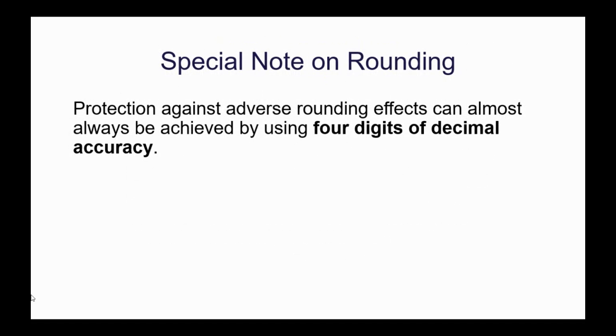And then a little note on rounding. If you want to make sure you're protected against bad rounding effects, use 4 digits of decimal accuracy. So go to 4 decimal places.